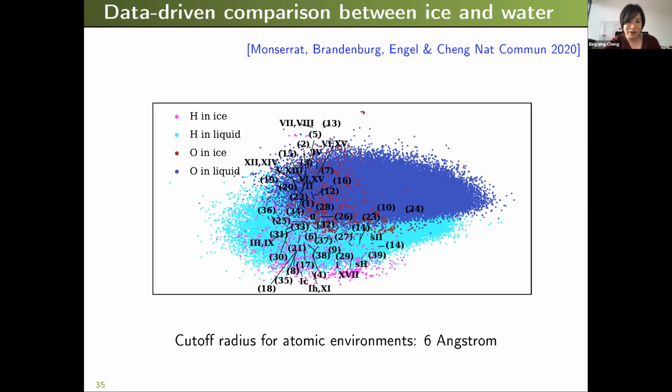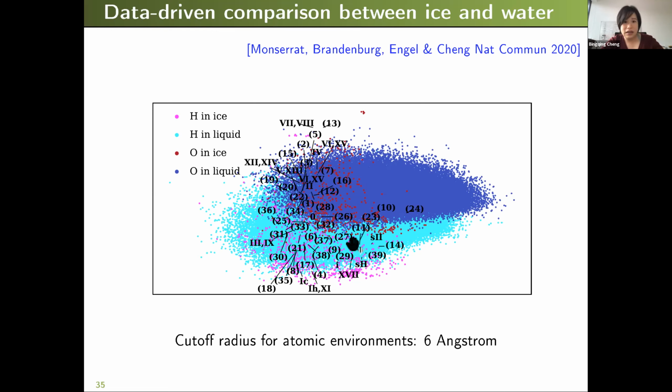I'm sure other people have a more sophisticated way of describing these colors. You can see that the environments in the liquid water almost completely cover the atomic environments that are pertinent to the ice phases.